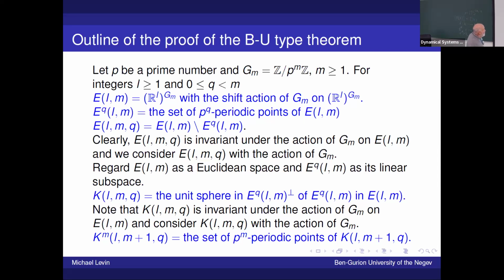So this space we denote by K_{n+1}, using the set of p^q periodic points, so once again with the orbits at most of the size p to the power q. Okay.